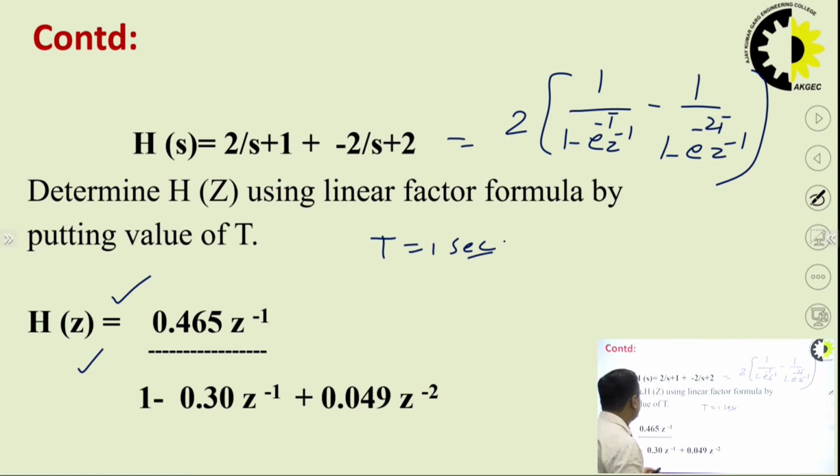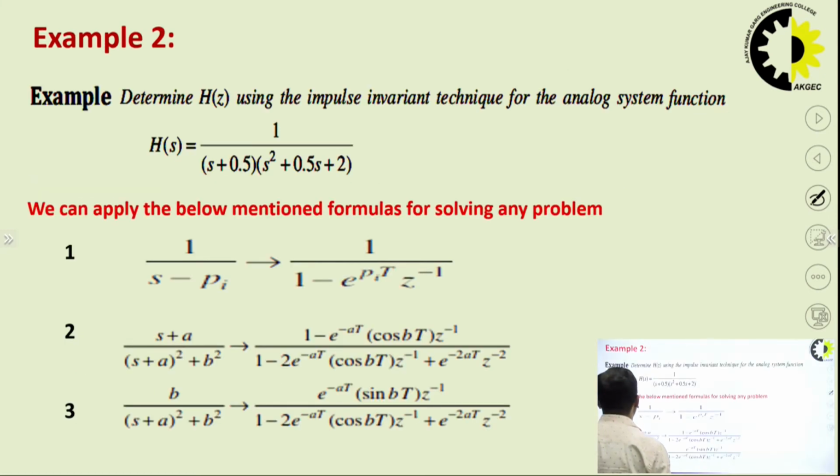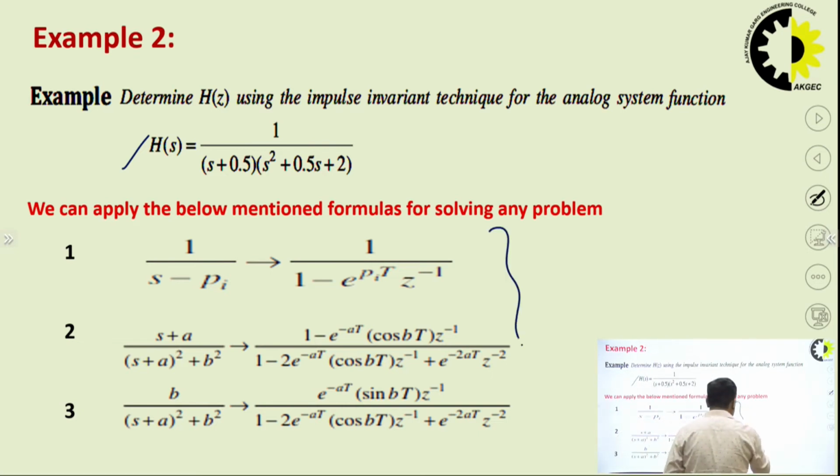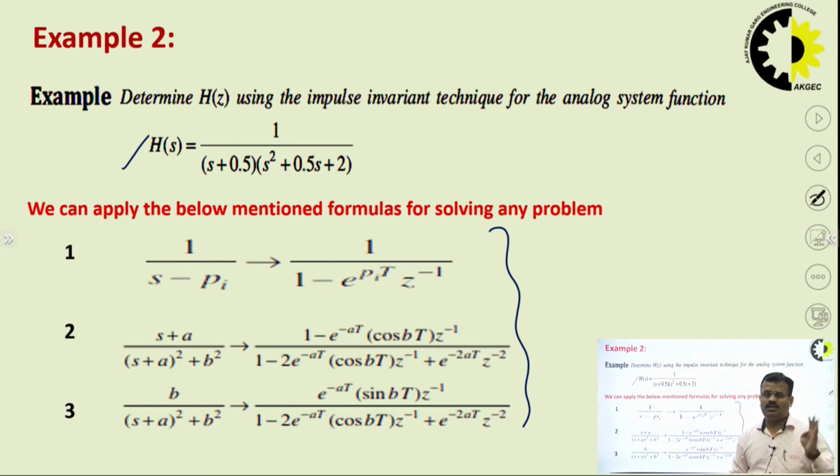Okay. Now another example we can see here. Determine H of Z using the impulse invariant technique for the analog transfer system function. H of S is given in this type. Now what I told you in the last PPTs, these three basic formulas can be proved by three basic steps.